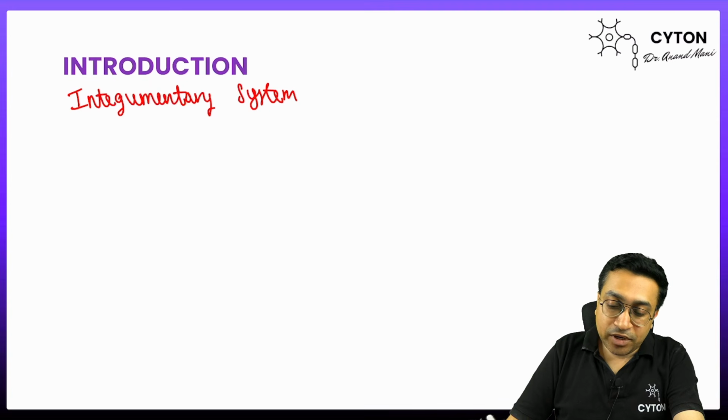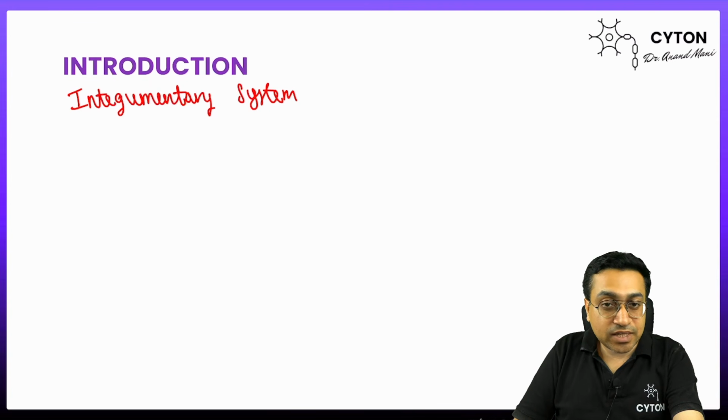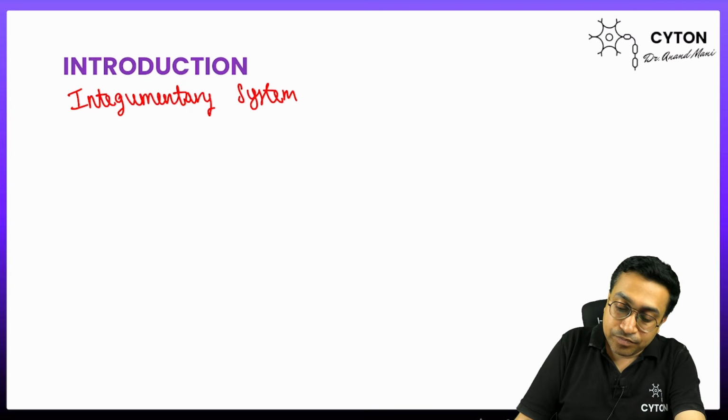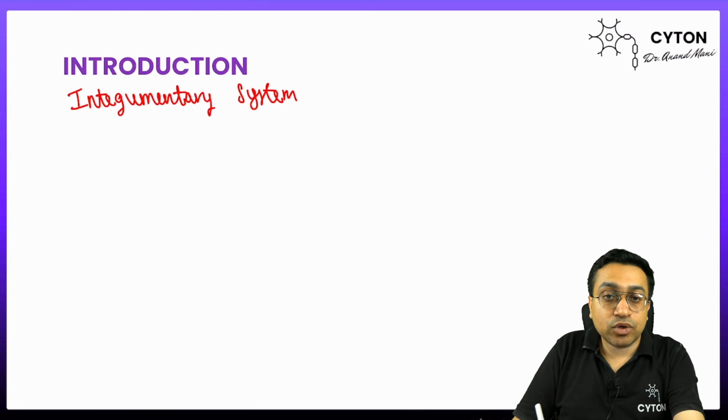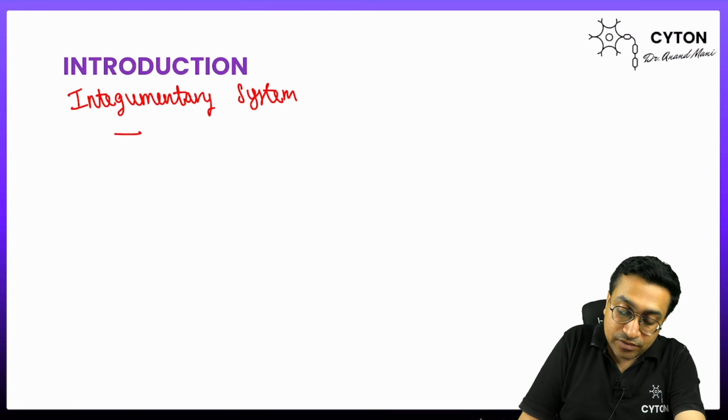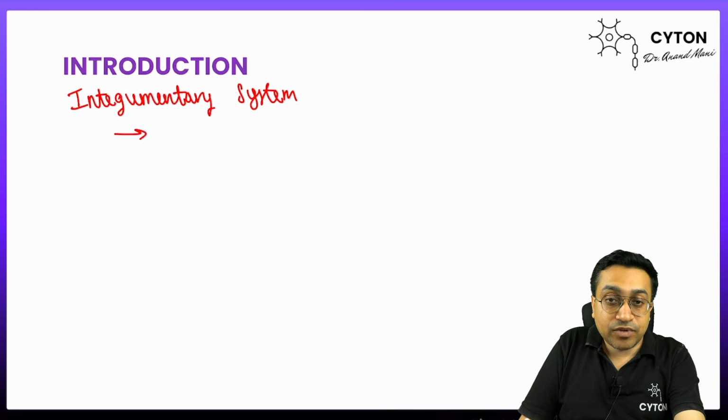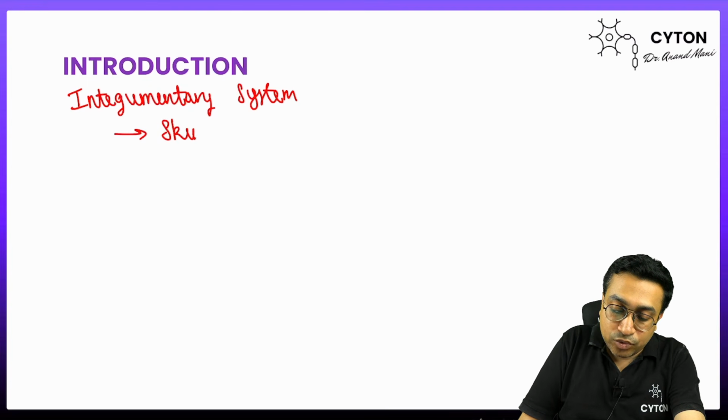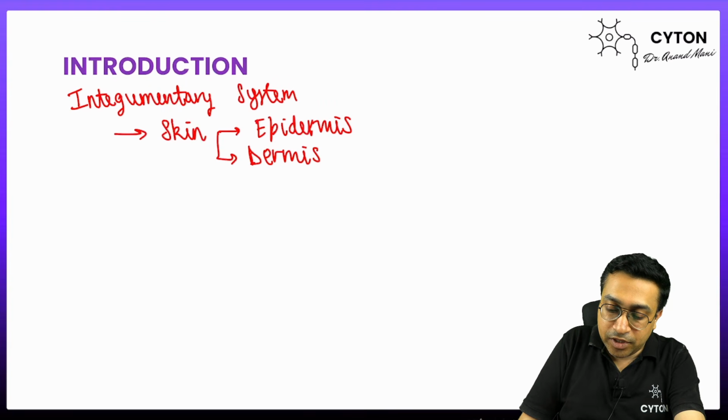So the integumentary system, it consists of the skin and its appendages. So that would include the skin, which consists of its two layers, which are the epidermis and dermis. We will take them up in detail.